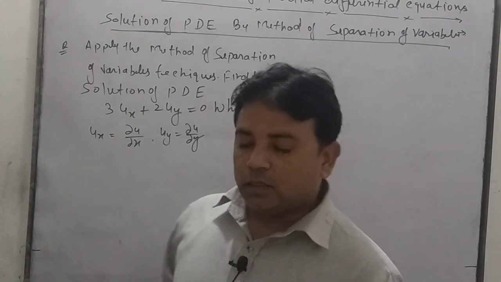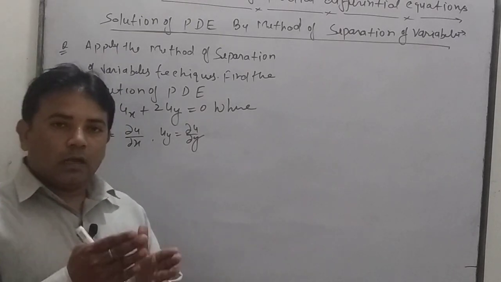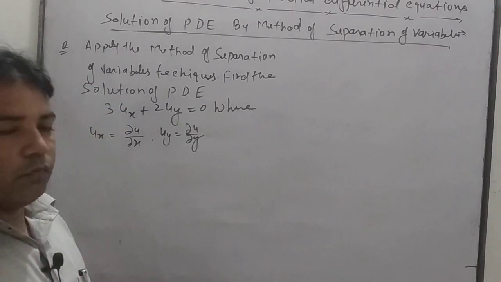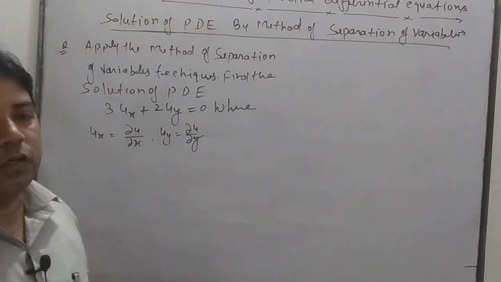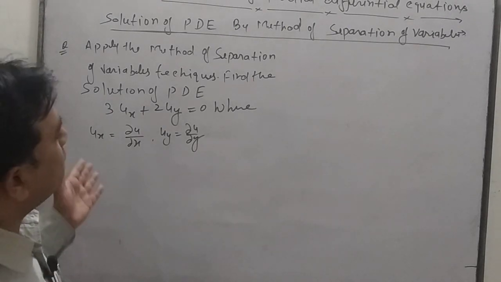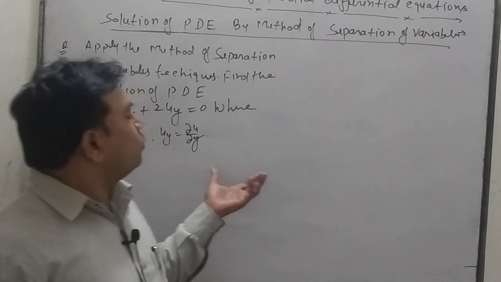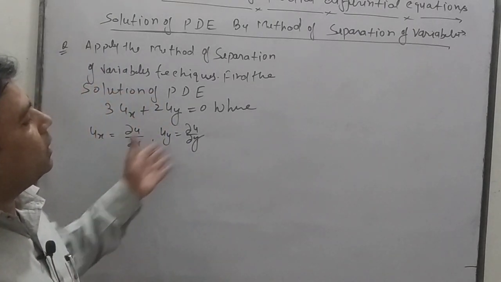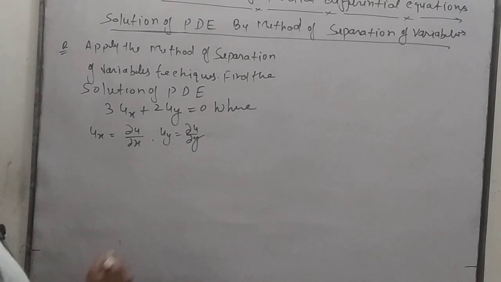In that method we take the terms of x with dx and the terms of y with dy, then integrate both sides to get the solution. A similar process applies here: how to solve the partial differential equation by the method of variable separation. Let's start with these questions.